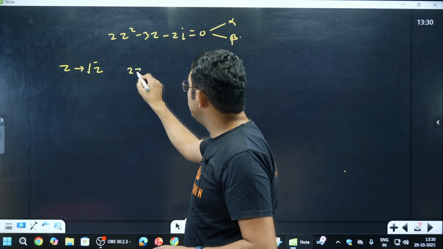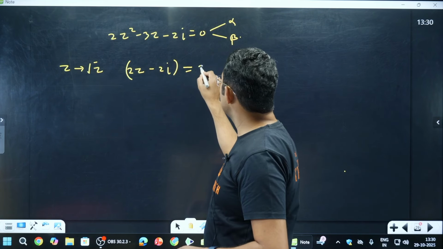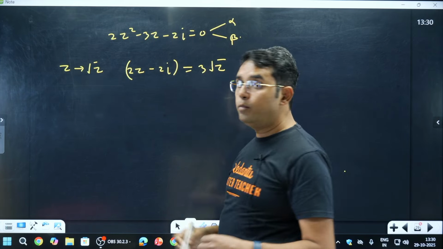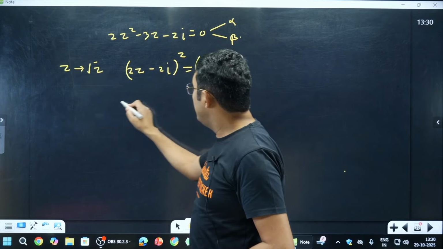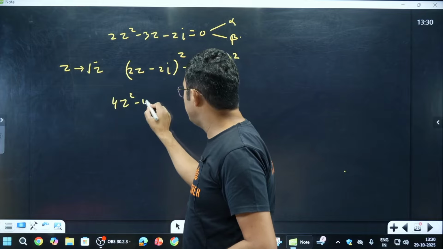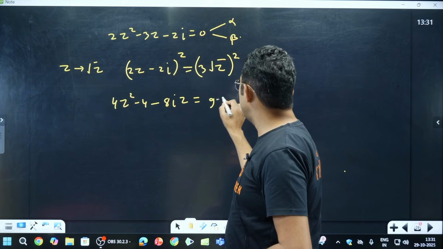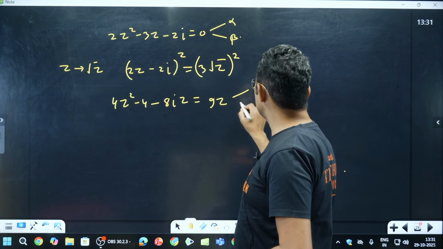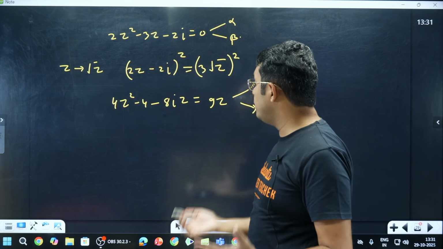So we will be writing it as 2z minus 2 iota is equal to 3 into root z. Now to make it quadratic, we will square both sides. It will become 4z square minus 4 minus 8 iota z, and that will be equal to 9z. Its roots will be alpha square, beta square. Now we want roots to be alpha power 4, beta power 4.